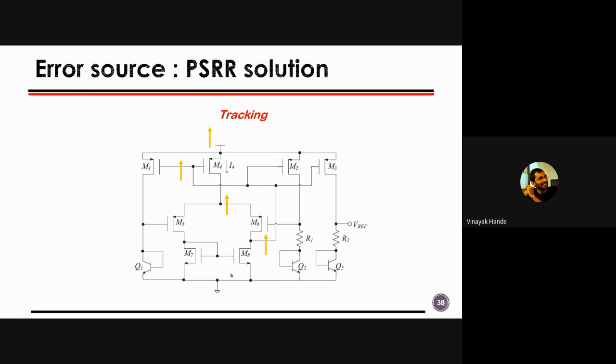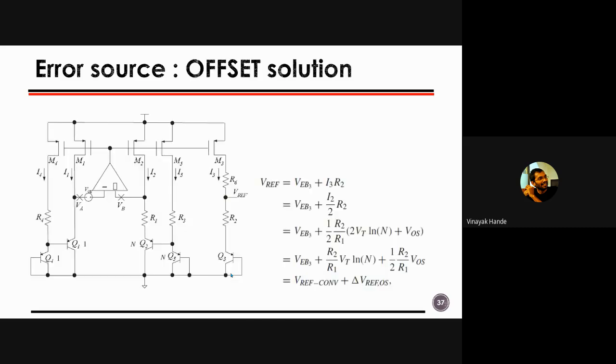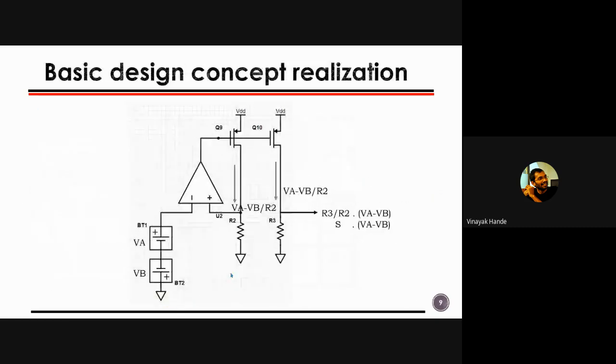Another error source which is also quite prominent is PSRR. PSRR is important when your reference voltage is providing reference to high frequency circuits, because we have seen in PSRR that the AC attenuation will start reducing as the frequency increases, if you remember correctly.